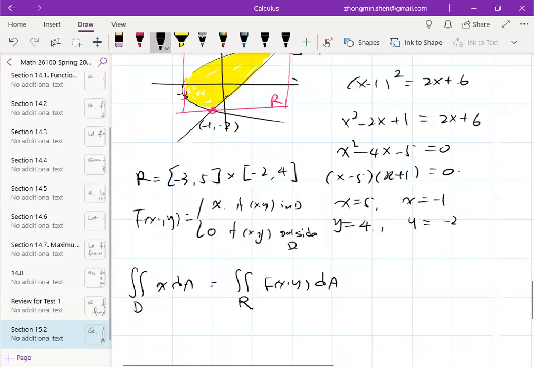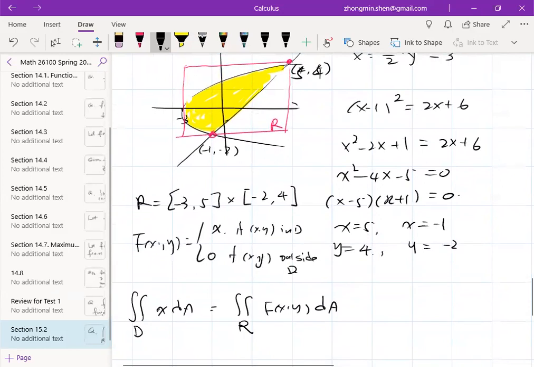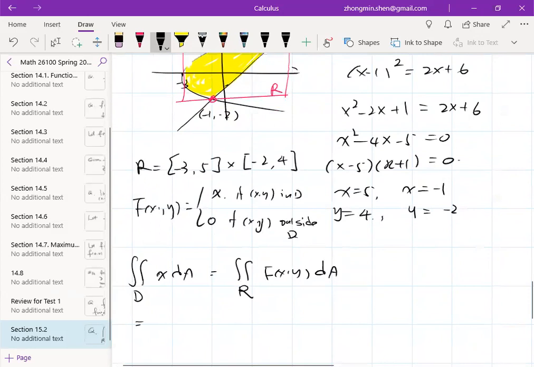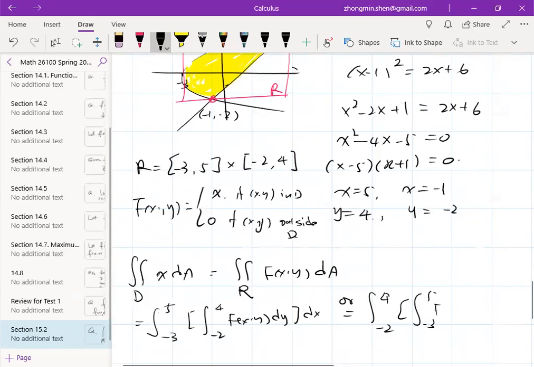So the question is, should x be inside or should y be inside? There are two possible iterated integrals, and you have to decide. If x is outside, then y will be inside, or the other way around, that would be dx and dy.